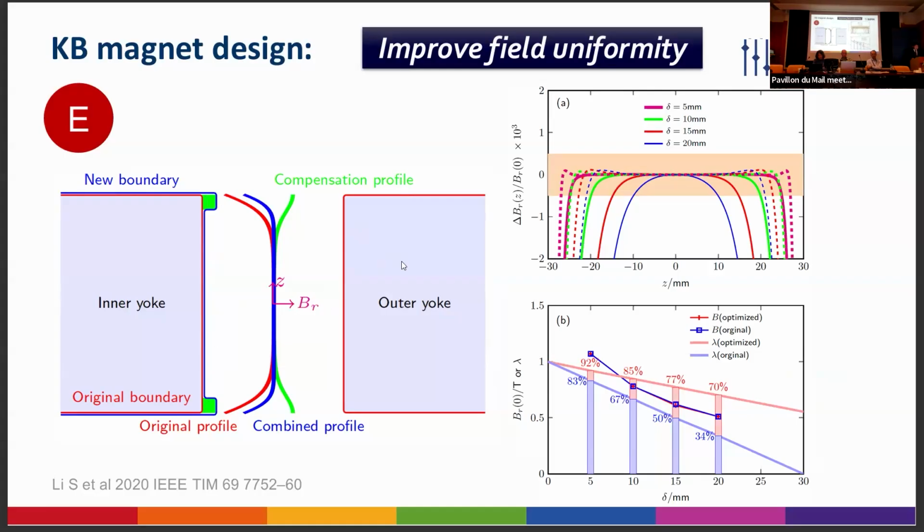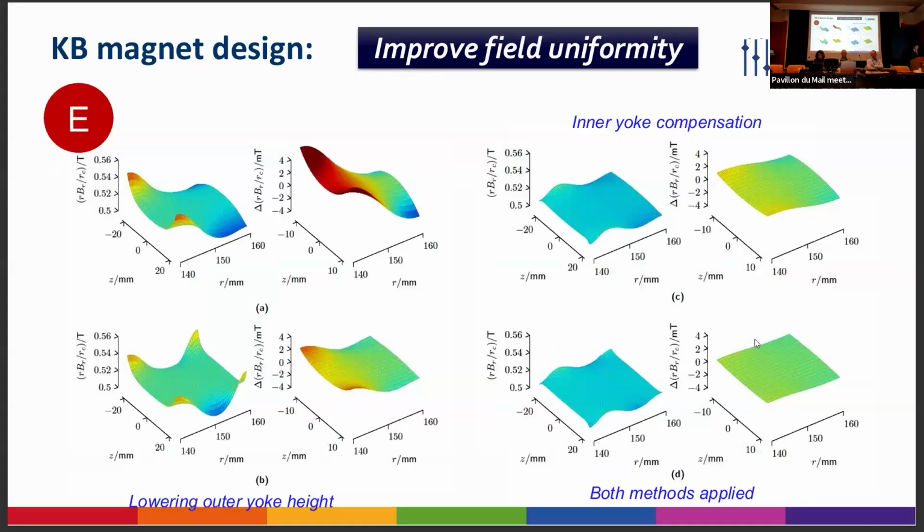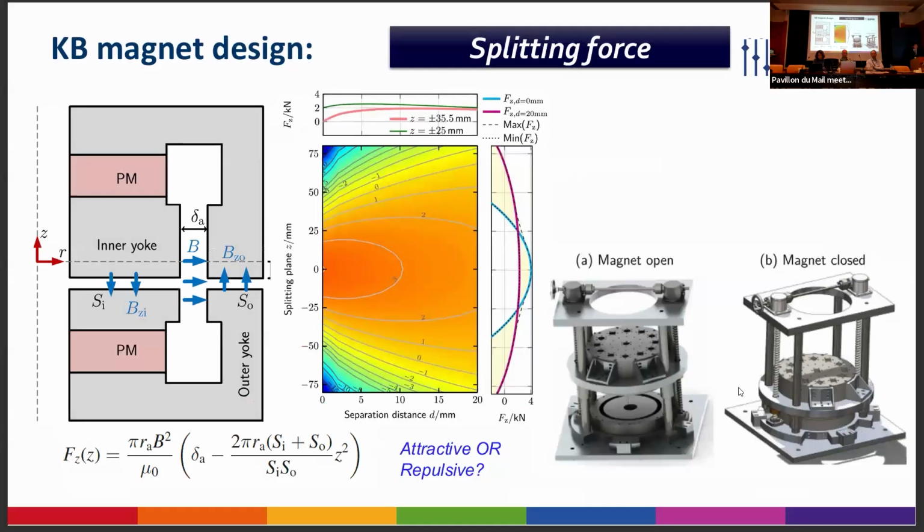It's a very small change, but it can enlarge your magnetic field range very greatly. It's the same case, right? You see at 20 millimeters, it improved by like 50%. Of course, you can use different approaches to get even better flatness. For example, the last plot is a merge of lowering the outer yoke plus the inner yoke compensation.